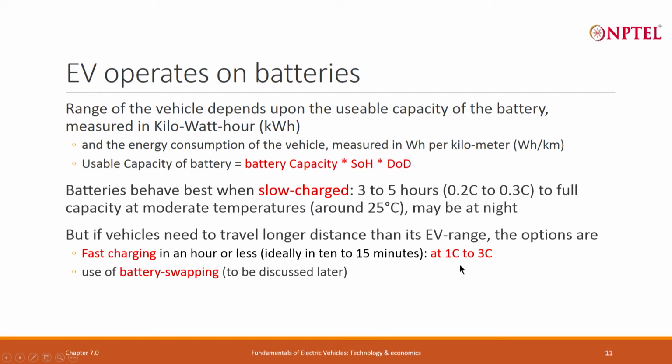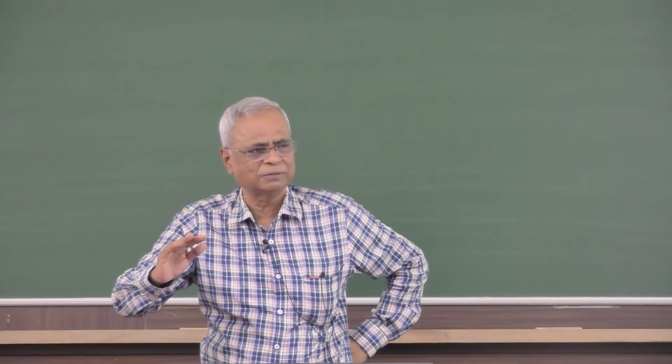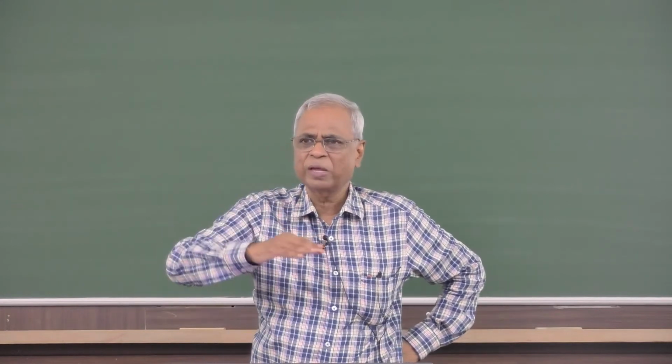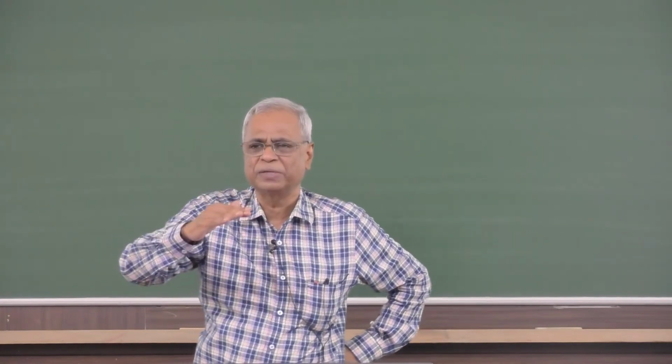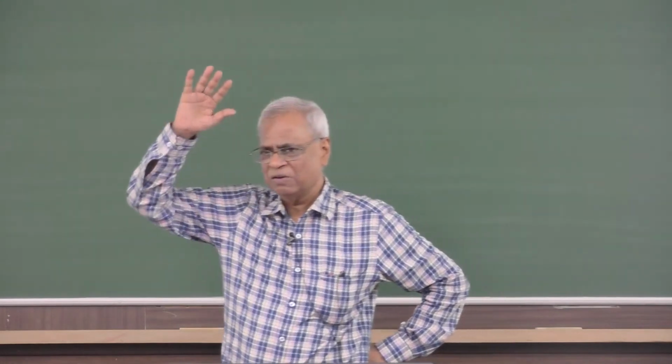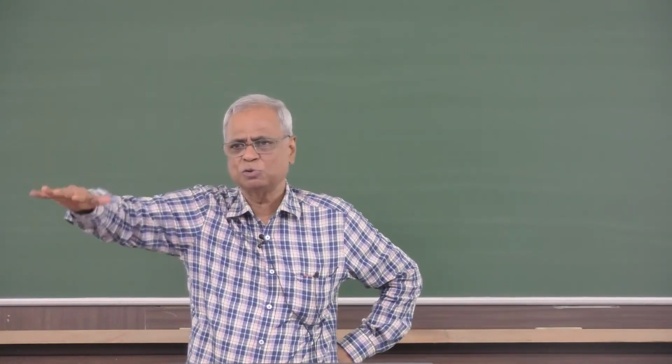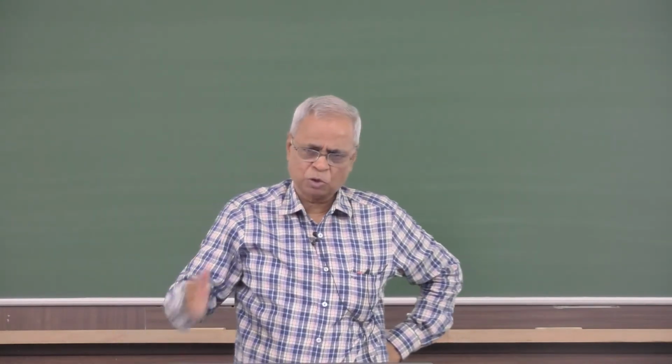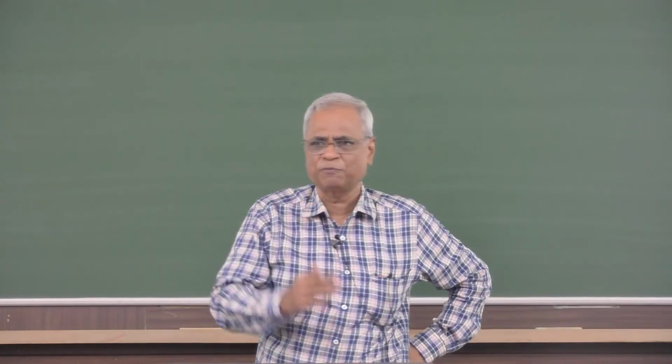So, since we have done the C rate for battery, I will say 1C to 3C or even higher, 4C, is fast charging. Anything 0.2C, 0.3C, 0.5C, 0.6C is slow charging. Okay? Then comes somewhere in between. So, fast charging is 1C and above: 1C, 2C, 3C, 4C. Slow charging is 0.2C, 0.3C, 0.4C, 0.5C.